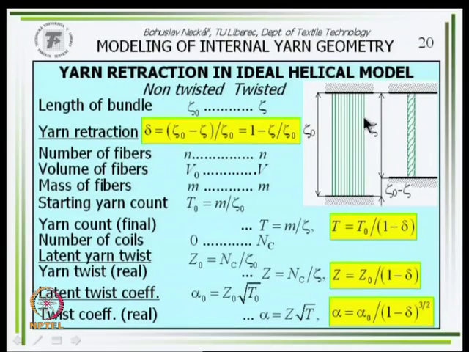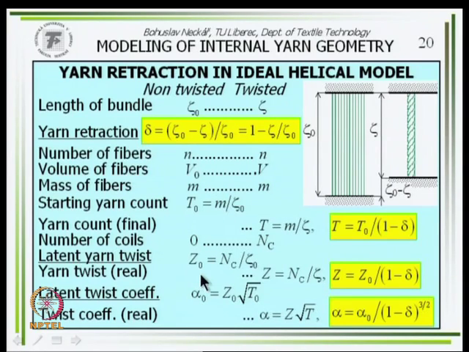Let's imagine some bundle of parallel fibers, which here has length zeta 0. After twisting, the length of the resulting yarn is zeta, smaller than zeta 0. This length zeta 0 minus zeta is the difference of length between the non-twisted and twisted form of our bundle.